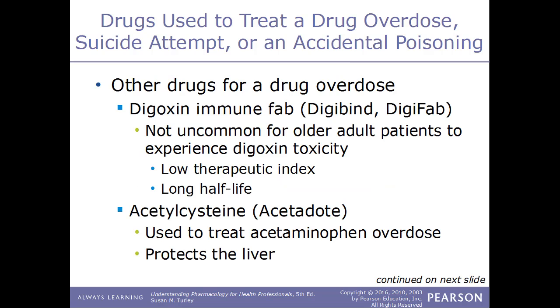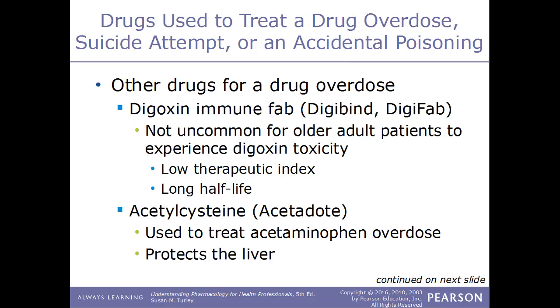The other drugs that are used for drug overdoses: the digoxin immune fab, also known by the trade names Digifab or Digibind. It is not uncommon for patients who are older or who have a decreased kidney function to experience digoxin toxicity because of the long half-life of the drug and because of the low therapeutic index.